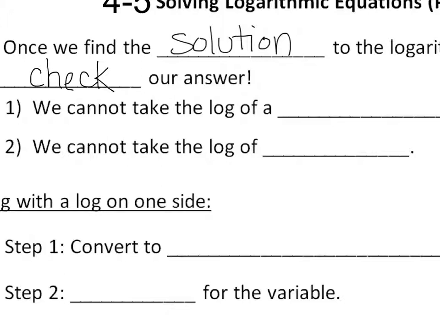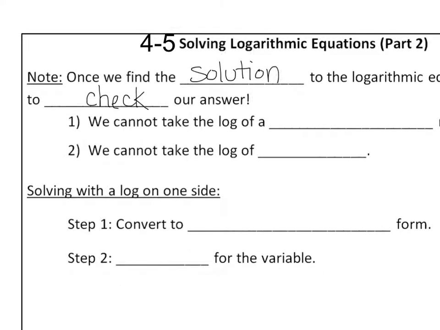Today we're going to have logs already in the equation, which is why we're going to have to check your answers. So a couple rules here. First is we cannot take the log of a negative number. Should be why you haven't seen negative numbers. The answer can be negative, but you can't have log of negative 2.5. That's not allowed. And you cannot take the log of 0.